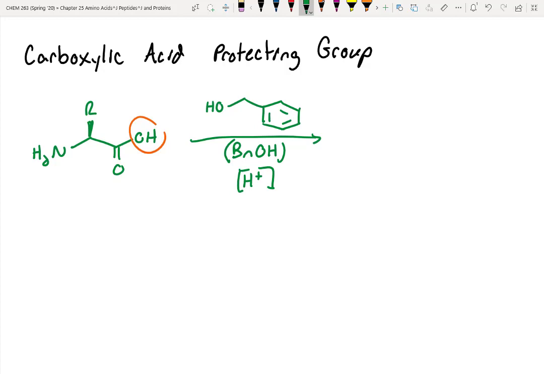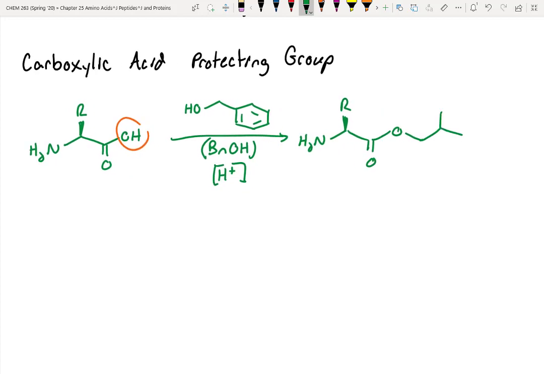So in this process, what we're going to do is make a new ester group. Let me zoom out a little bit. And we've got this new ester group over here. So if we want to abbreviate this, oftentimes this entire group is called OBn.